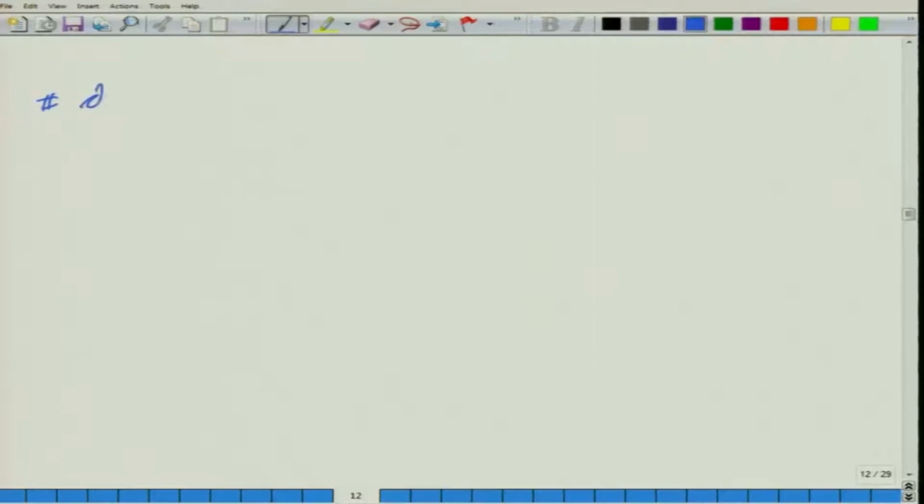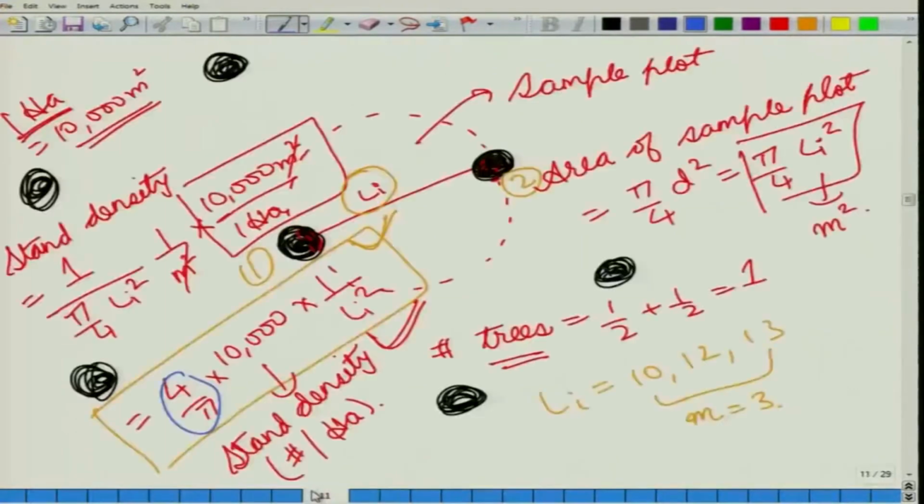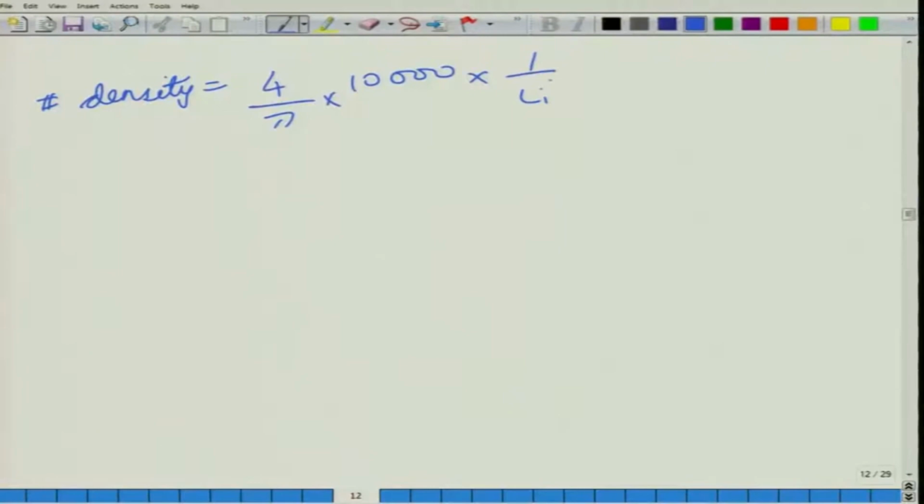The number density in the first case is given by 4 by pi into 10,000 into 1 by Li square. Now, suppose we have m number of readings. In that case we will take an average.